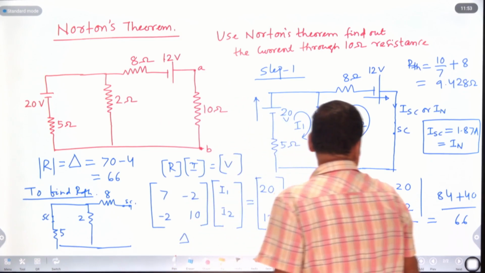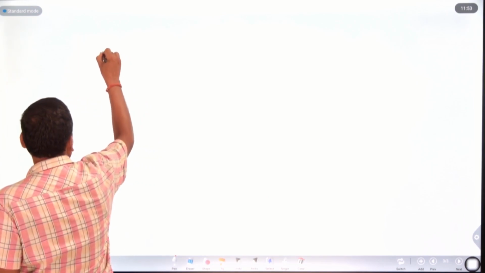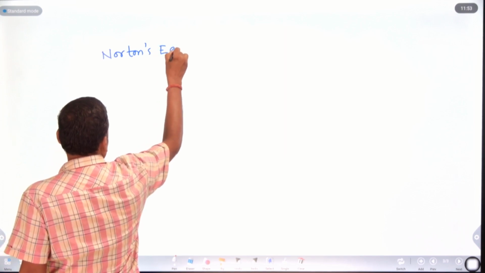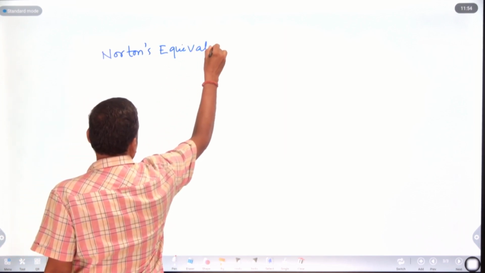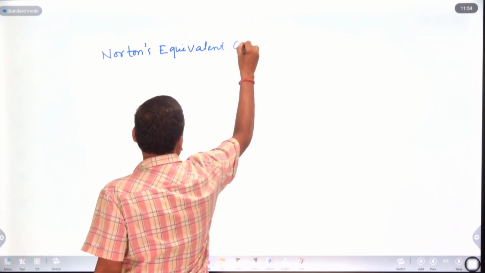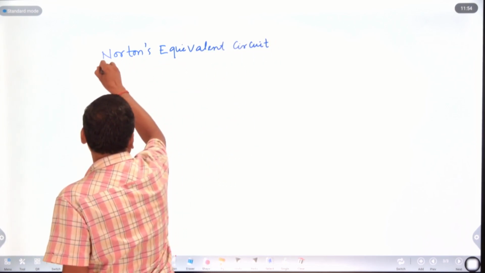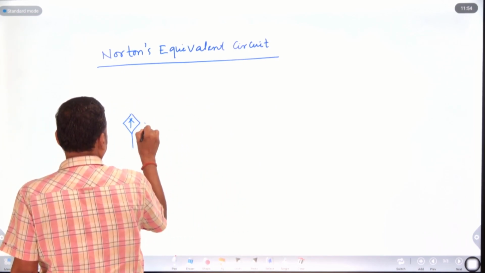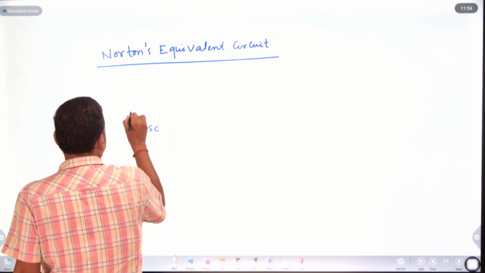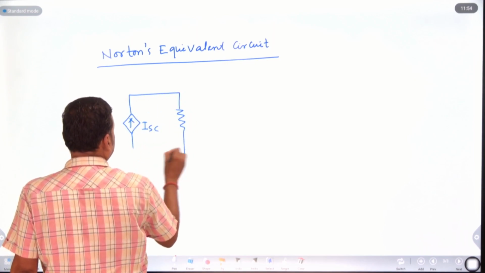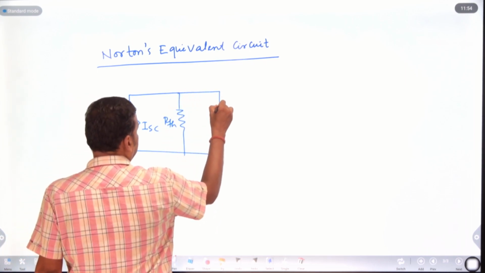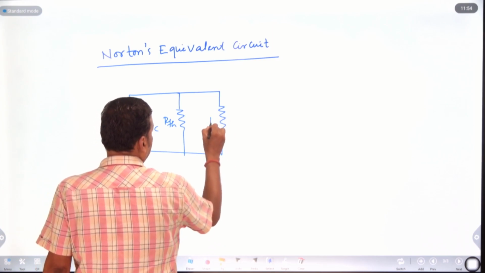Then draw Norton's equivalent circuit. Already we got ISC, Norton's current, then RTH, Thevenin's resistance, then RL, the load resistance.